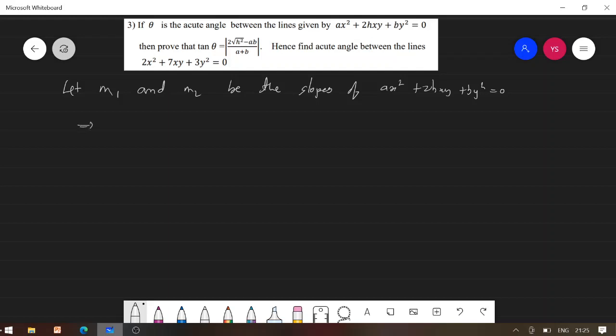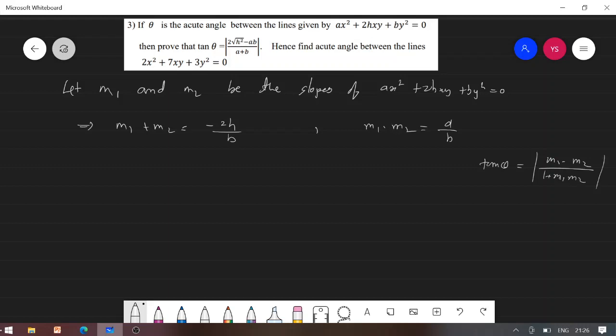So that implies m1 plus m2 is given by minus 2h by b, while m1 into m2 is given by a by b. So as per the straight line, the acute angle between two lines, tan theta, is given by modulus of m1 minus m2 divided by 1 plus m1 into m2.